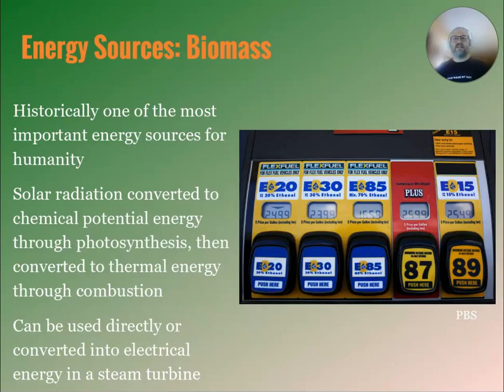And probably many of you have seen gas pumps letting you know that certain blends of gas contain certain percentages of ethanol. Ethanol is a biomass energy source that comes originally from a plant in the United States that's usually corn. And so that chemical potential energy that was stored up by that corn as it grew goes into the fuel. You put it in your car's engine, it burns it and converts that into the mechanical energy that drives your car.